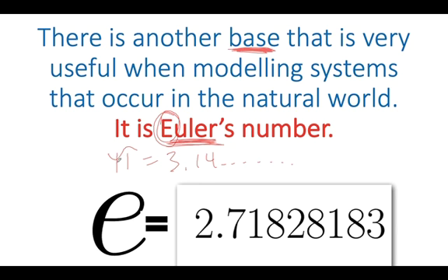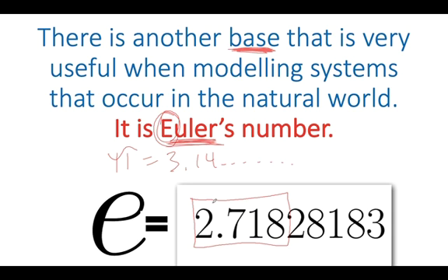Pi was an irrational number, and E is also an irrational number, but we can still use it in our modeling. Now, just like with pi, we remember 3.14. With E, we're going to remember it down to 3 decimal places. So we're going to use 2.718 to represent our base for E.